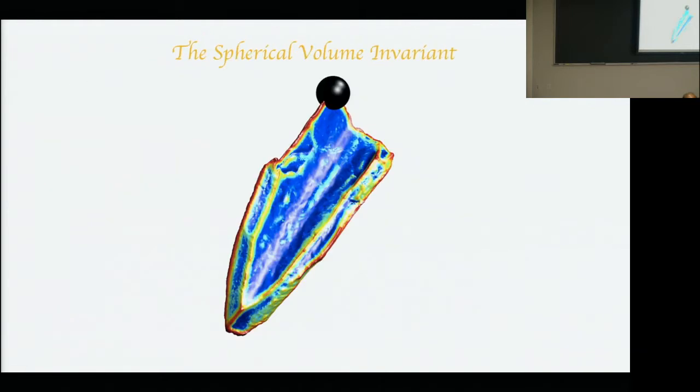And we're using it in the 3-dimensional version. So this is a bone fragment. I'll come back to these later, why we're interested in these. But something called the spherical volume invariant, where you take a sphere of radius r and a point. And the r you're allowed to vary, and depending on the size of r, you get interesting geometric information. In particular, these break edges are quite well characterized by this invariant, by the size of the invariant.